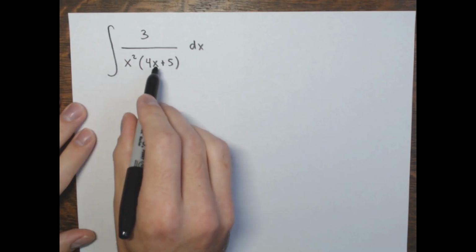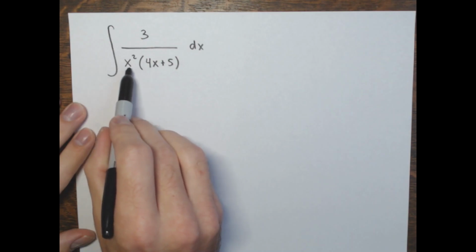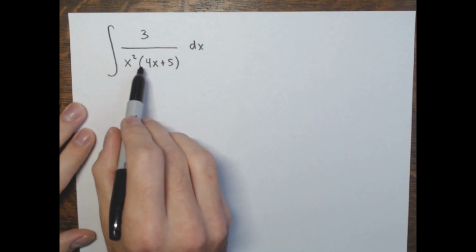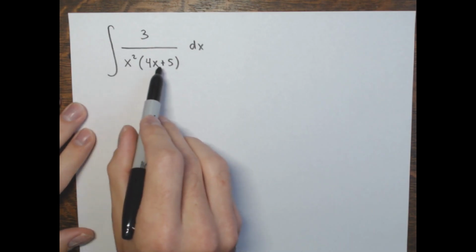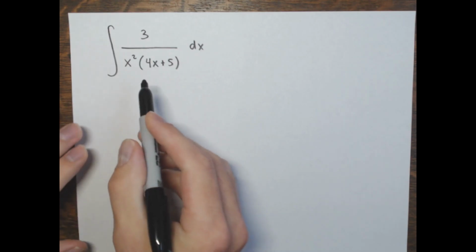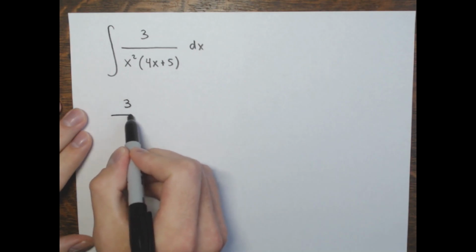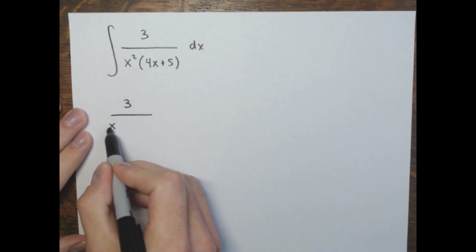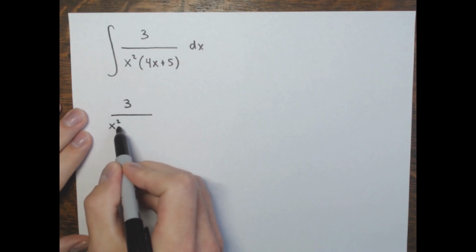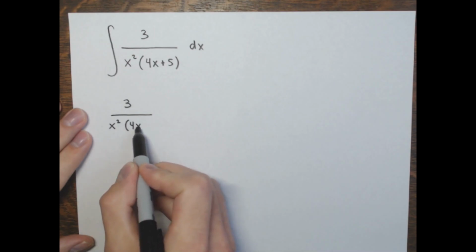Okay, that's what I want when I'm doing this method of partial fractions. The denominator is already completely factored. If it weren't factored already, I'd factor it myself. Yeah, so look at this. We got a proper fraction, 3 over the factors down here, x and x, right? This is x times x squared, and then 4x plus 5.